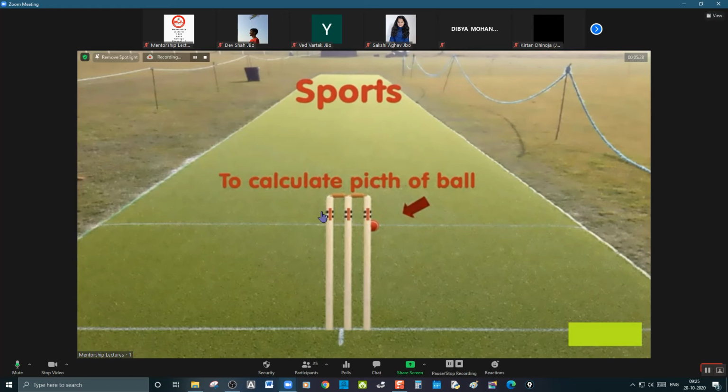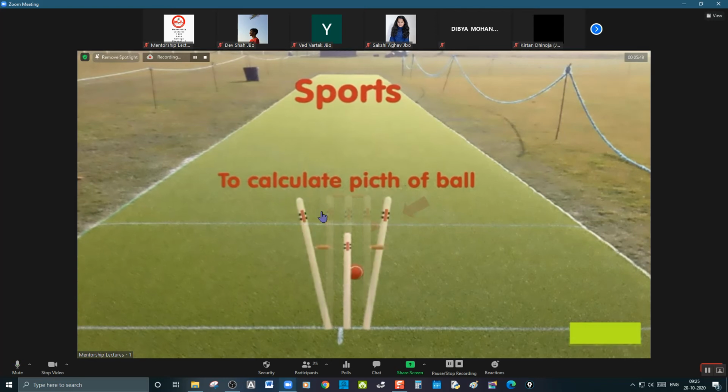But to write that program in the computer, the programmer uses calculus only, which we don't know. We see the result simply on the screen, but there is a lot of work behind it to program it. The differential calculus is used by the programmer to calculate the pitch of the ball and all this.